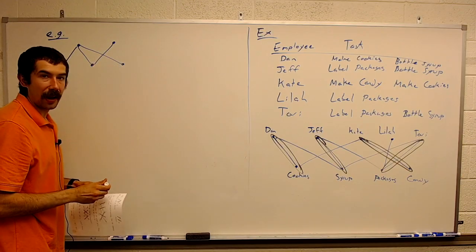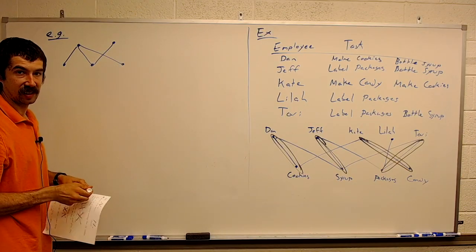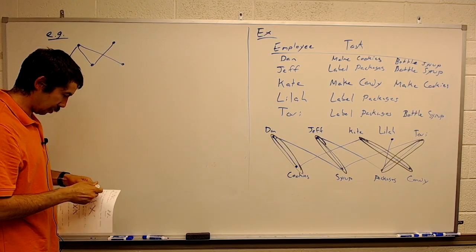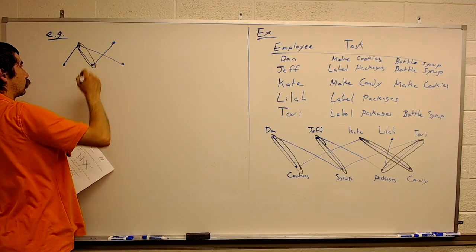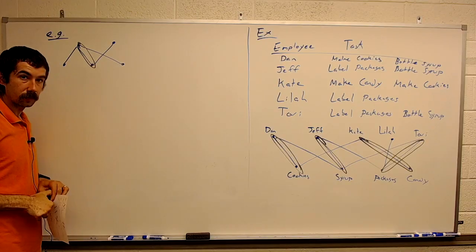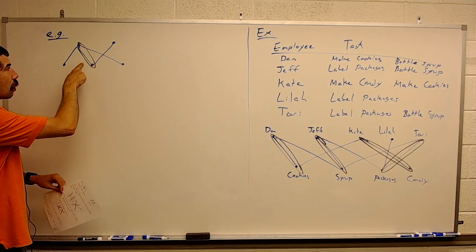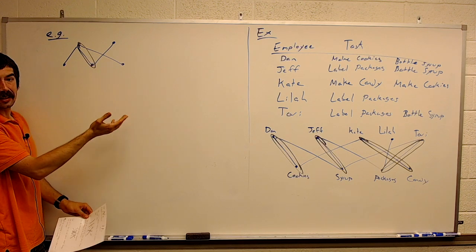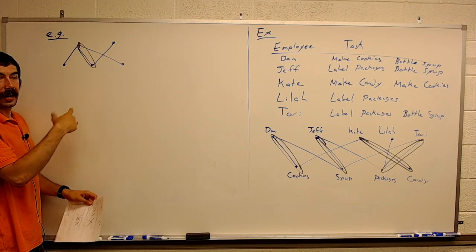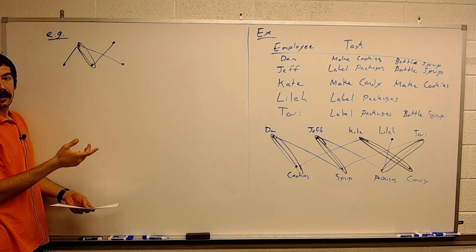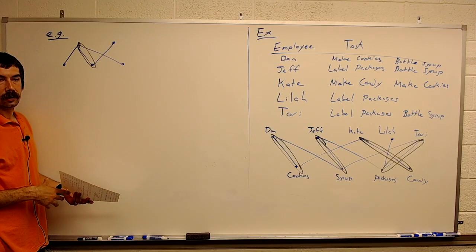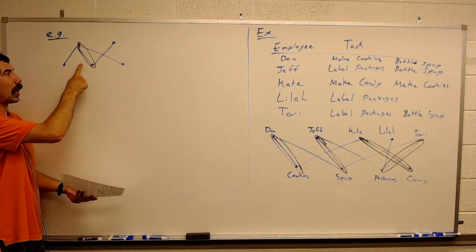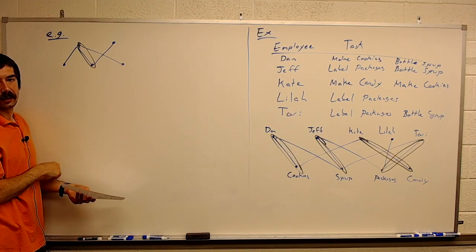And suppose our matching was this. So if this is our matching, it appears like we can't do any better. If we tried to include any other edge, it would overlap with the edge we already have in our matching.